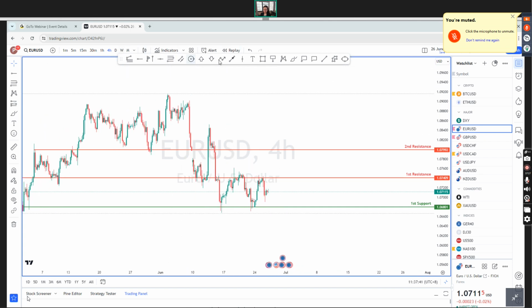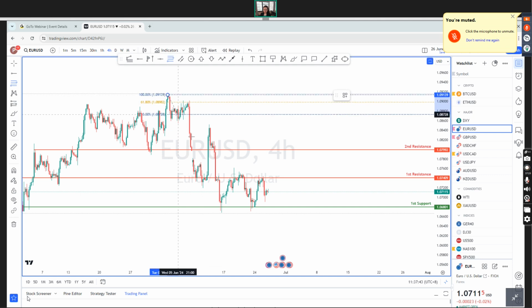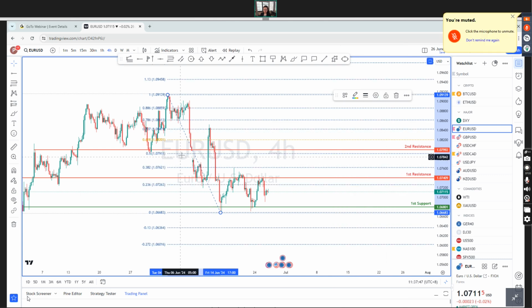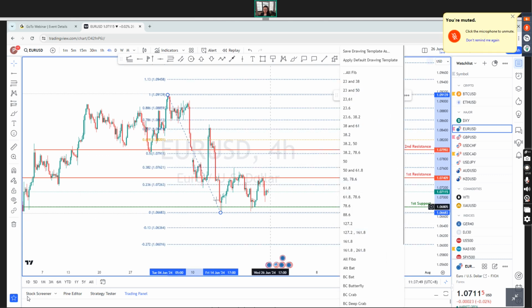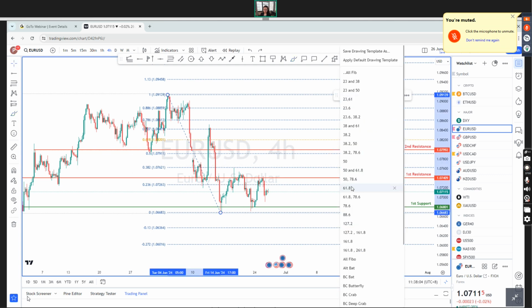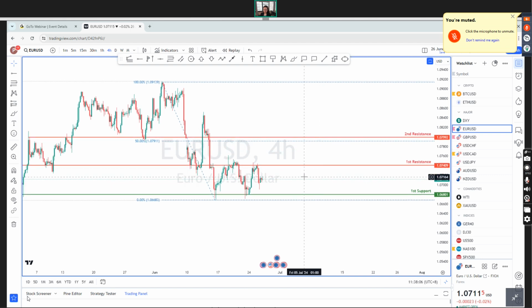I will use Fibonacci swing low to swing high here, the 50% fib level, and you can see that price came to here, 30.2, which is at this one, and then fell. So I will keep only the 50% fib level.